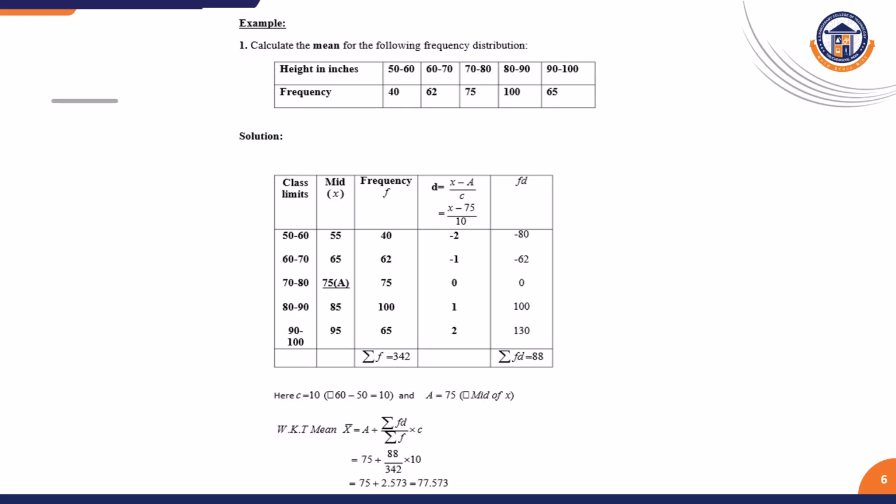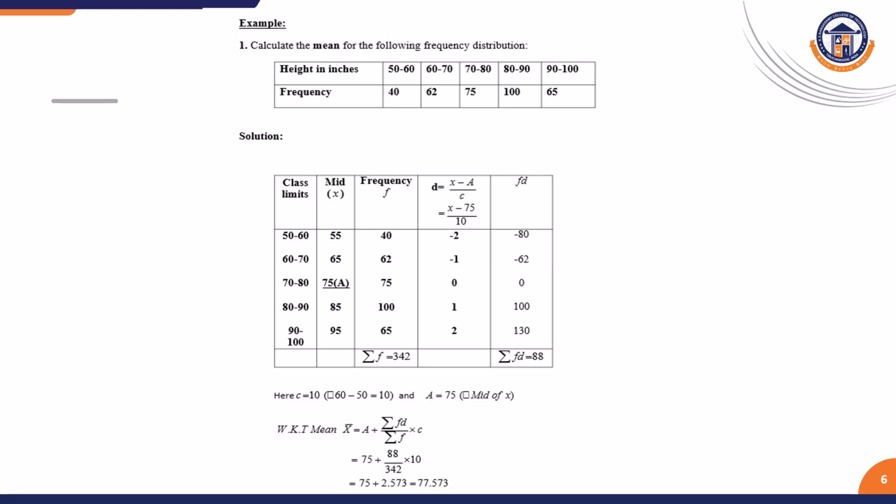Solution. In the first column we write the true class limit. Then in the third column we write the frequency. In between the first and third we find the midpoint of each class limit. So for 50 to 60, the midpoint is 50 plus 60 by 2, which is 55, and 60 plus 70 by 2 is 65.